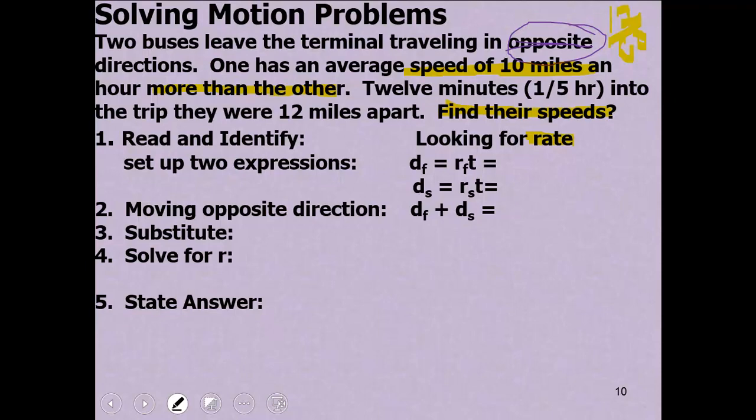So the rate of the faster one is R plus 10, times 1/5 of an hour. The rate of the slower one is going to be R times 1/5 of an hour. When we add their distances together, they need to be 12 miles apart.